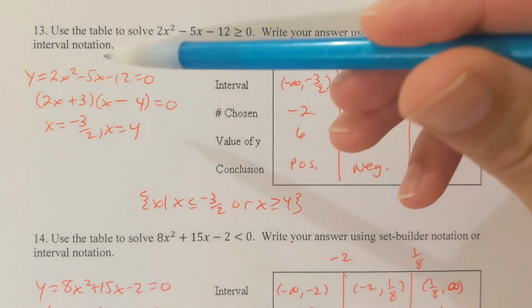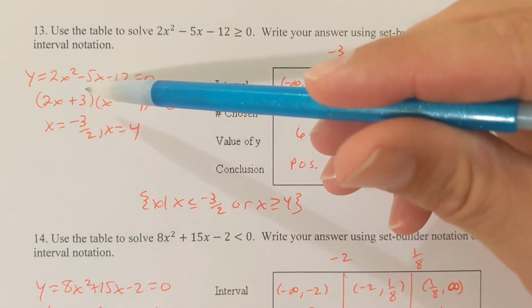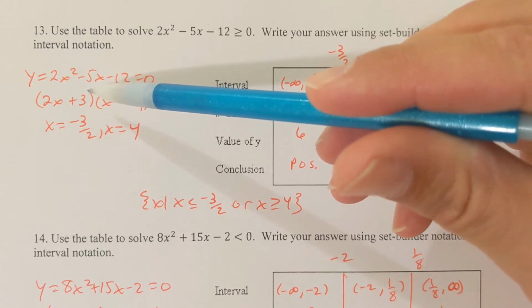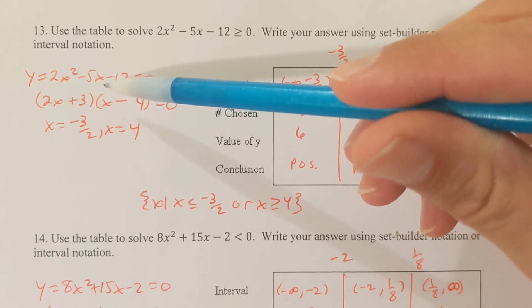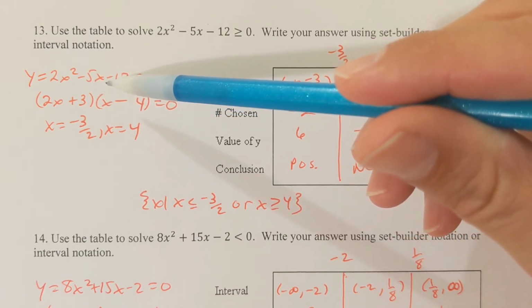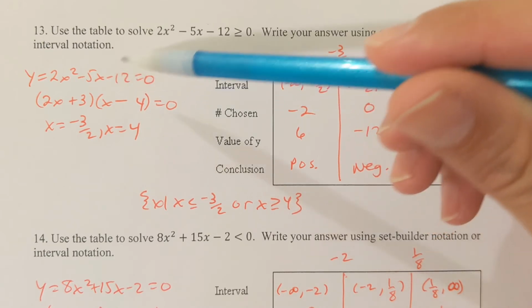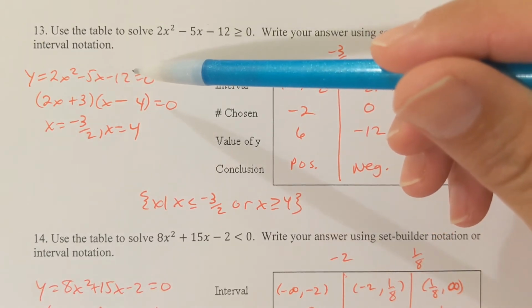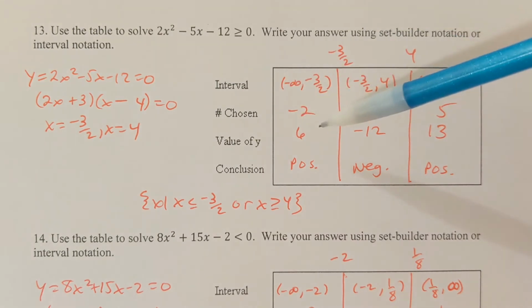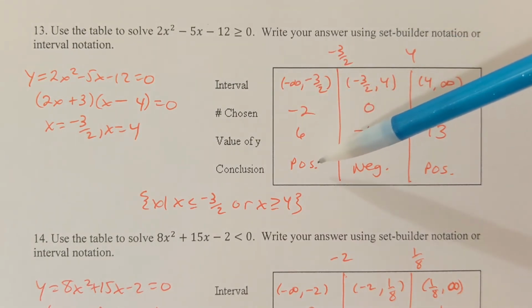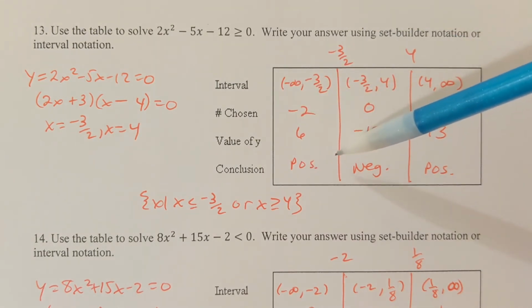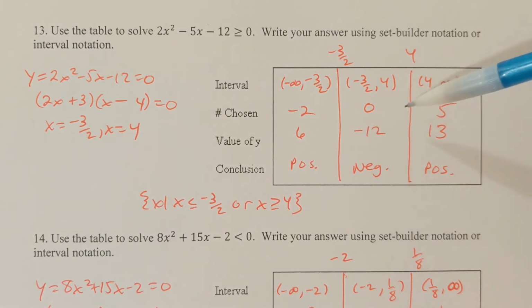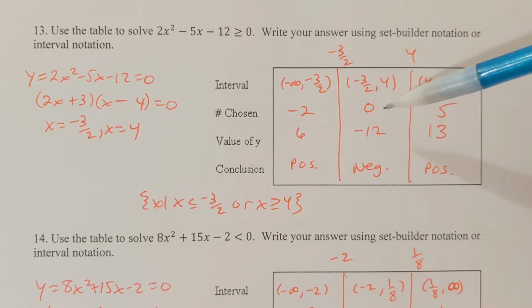Negative 2 squared is 4, times 2 is 8, minus negative 10 is 18, minus 12 is 6. So 6 is a positive number. Positive for the conclusion there.